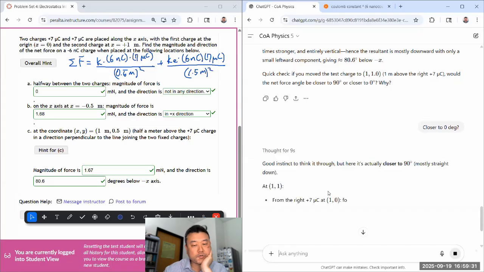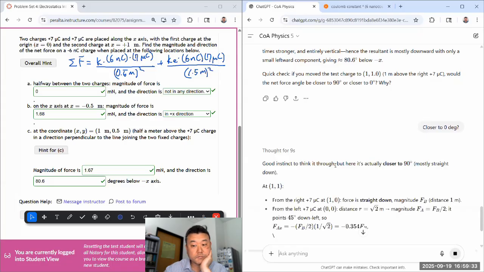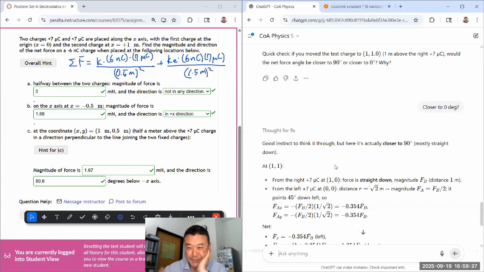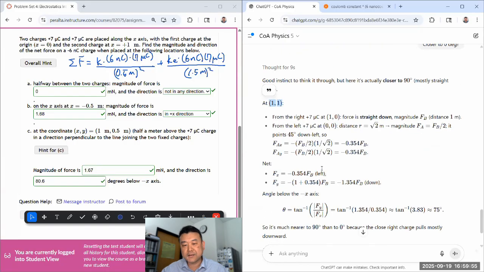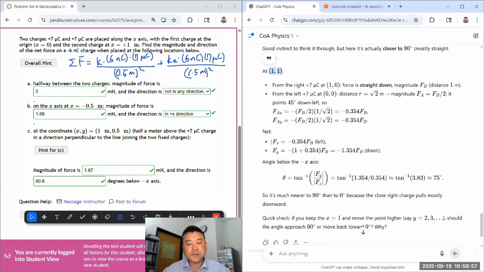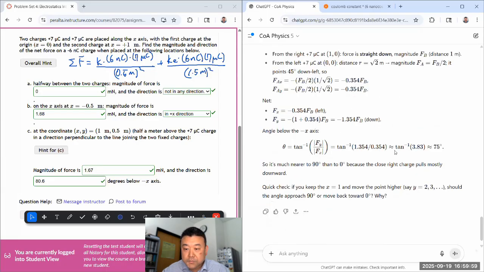After maybe 1 or 2 more interactions, wait, closer to 90 degrees? Oh, I was doing it too quickly. At 1, 1. Oh, sorry. I missed the fact that it's still directly above a charge. So at 1, 1, yeah, the effect of the closer charge is probably more.